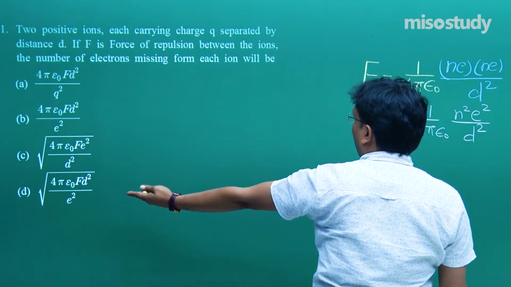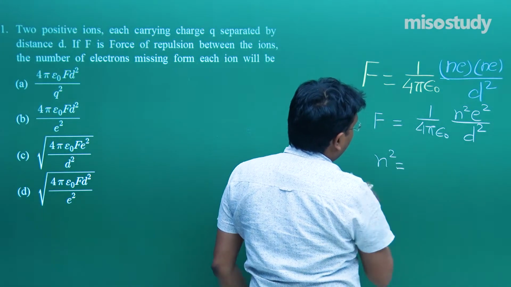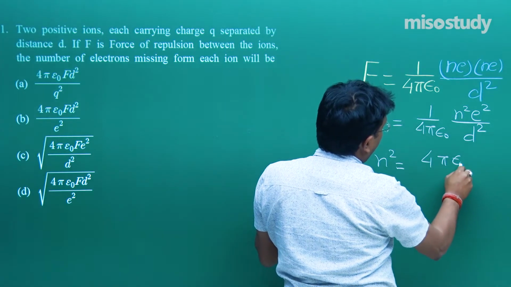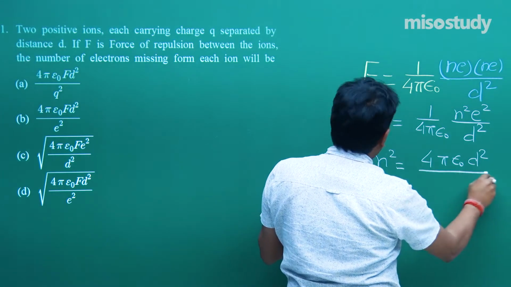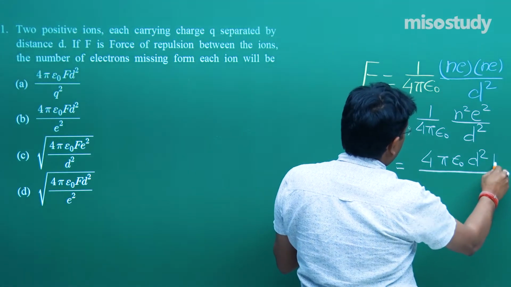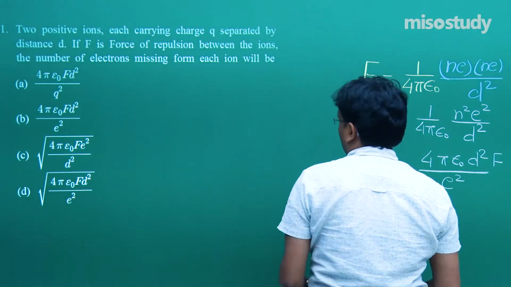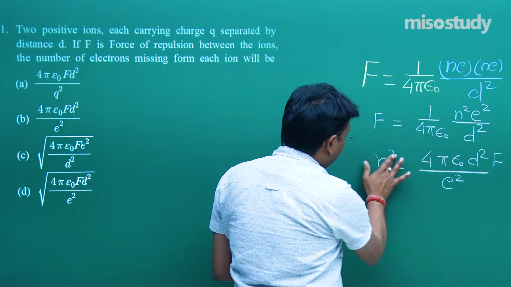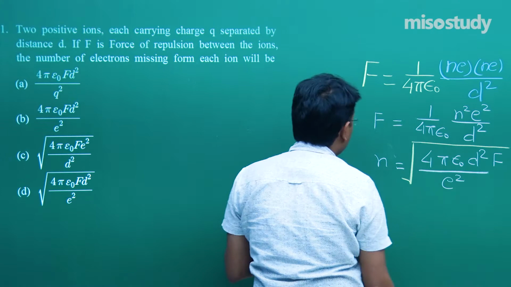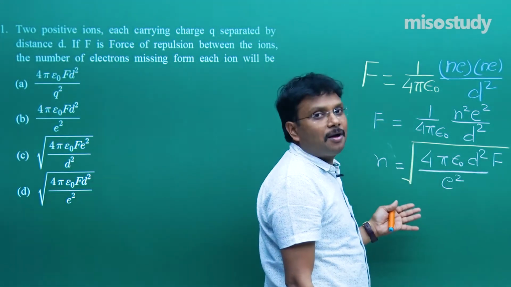So now from here it's crystal clear that N square is equal to 4 pi epsilon naught d square F upon this e square. So according to me, the correct solution is this one, D. Just a two-step solution of this problem.